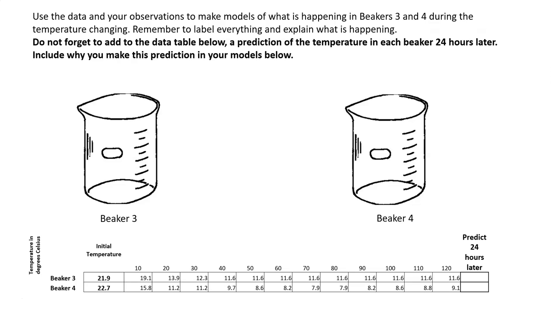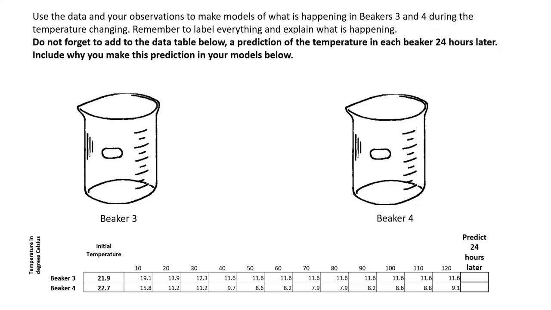Remember, you need to label everything. Label that glass beaker. Label the water. Label the citric acid and baking soda. Label the ice. Label everything. But don't forget to add a prediction below in the data table and an explanation in your beaker. The prediction is, what will the temperature be 24 hours from now?